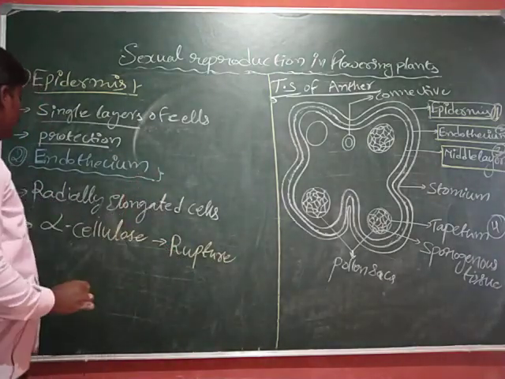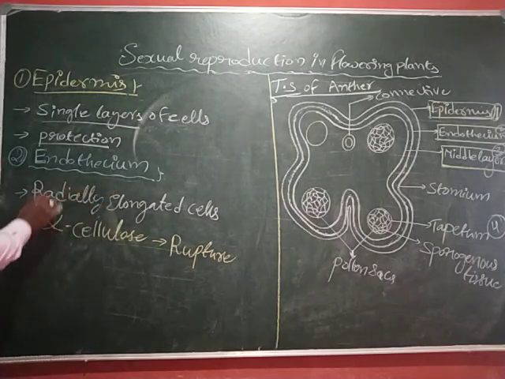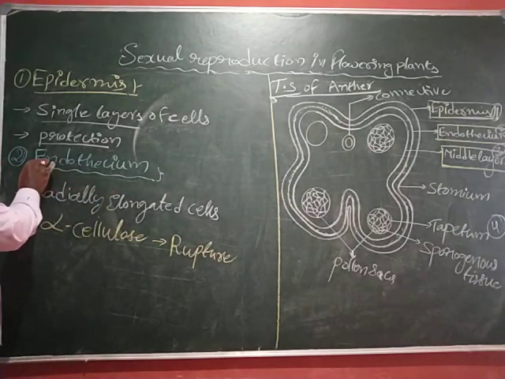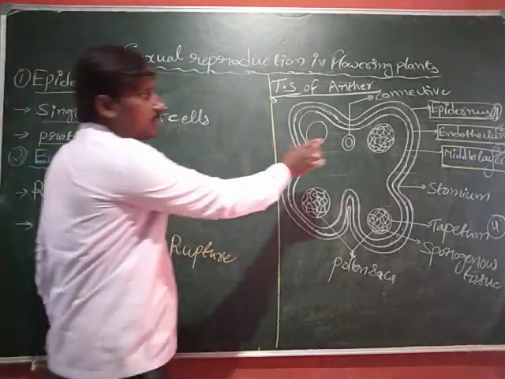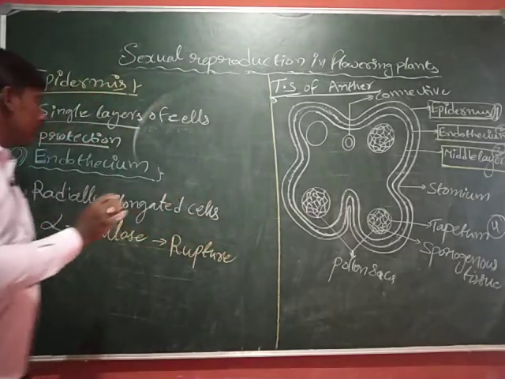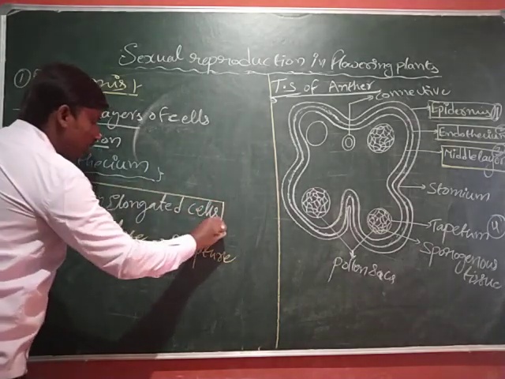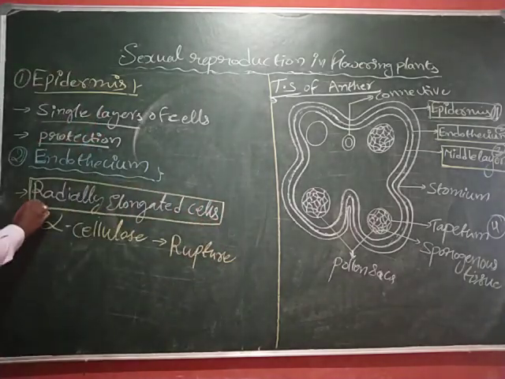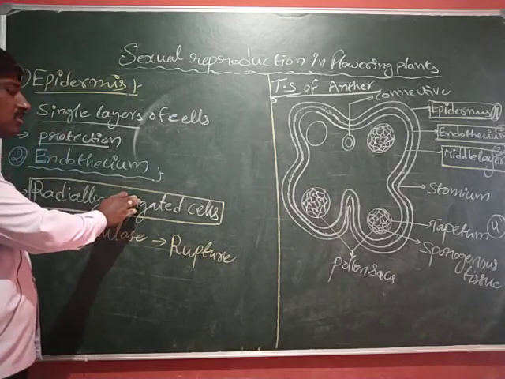Now let us once again remember the top points. Endothecium is the second anther wall layer, made up of radially elongated cells. This point is very important for competitive examinations.